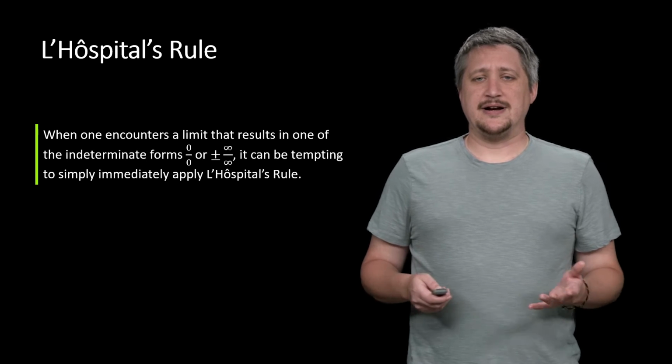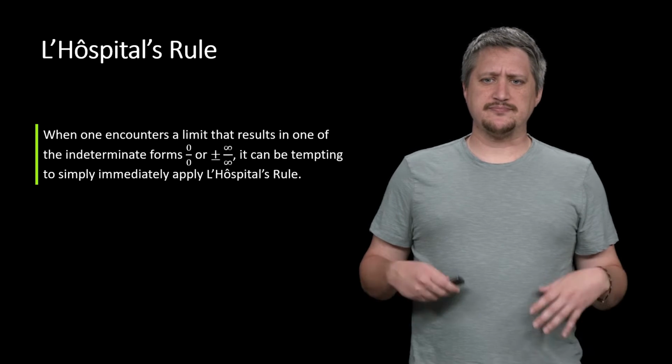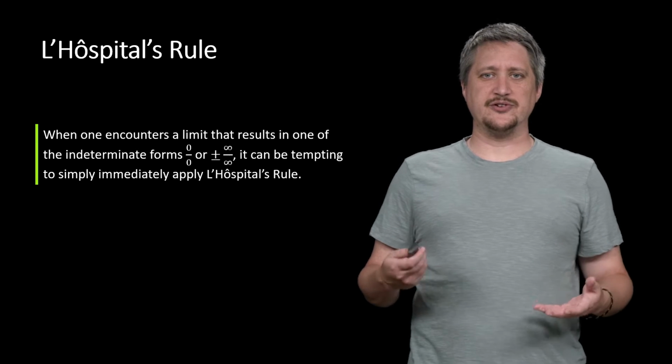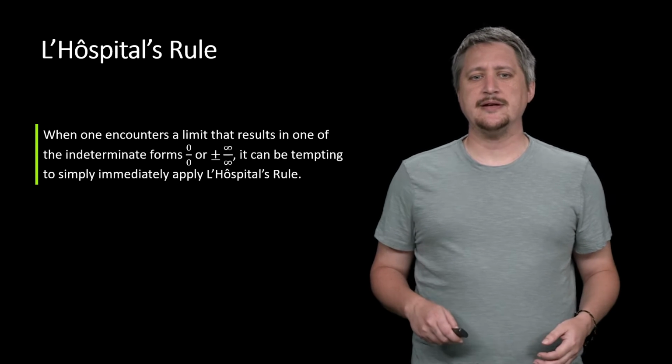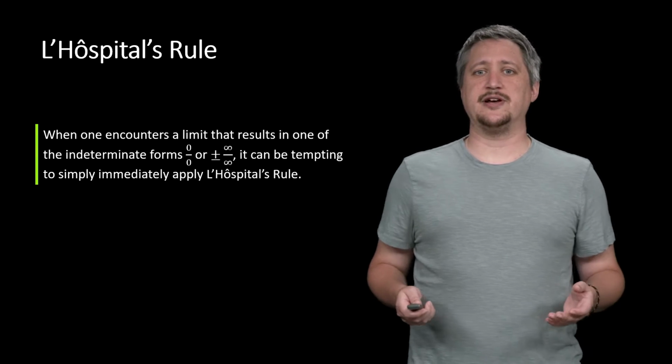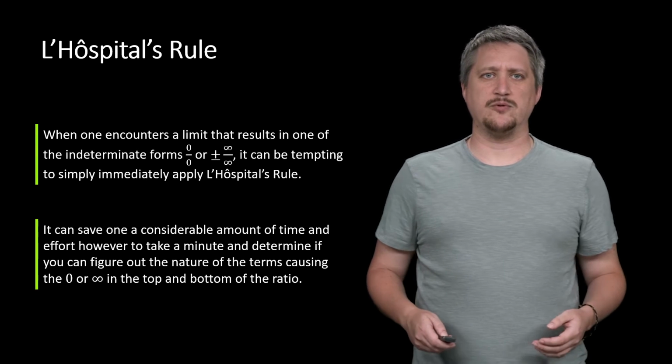When you encounter this format, a 0 over 0 limit or infinity over infinity limit, it's very tempting to immediately apply L'Hopital's rule because it's already in that form for you.